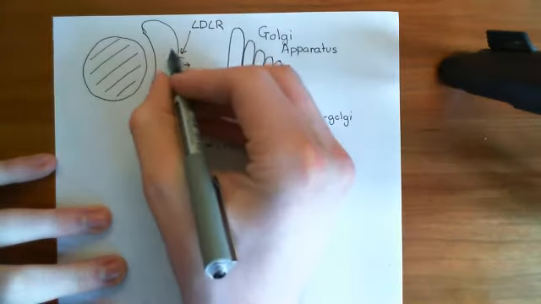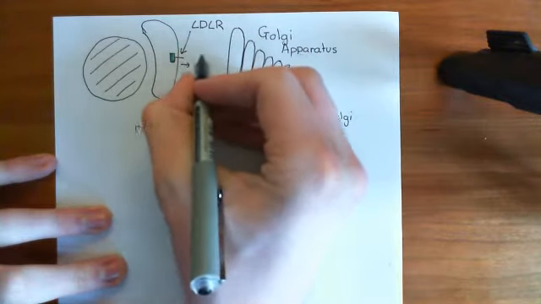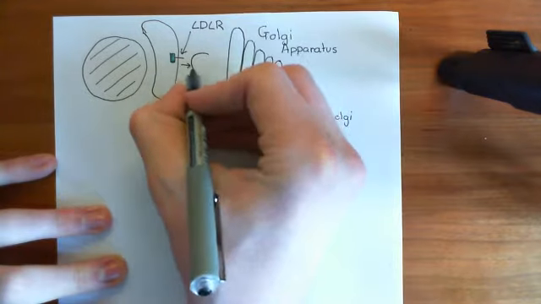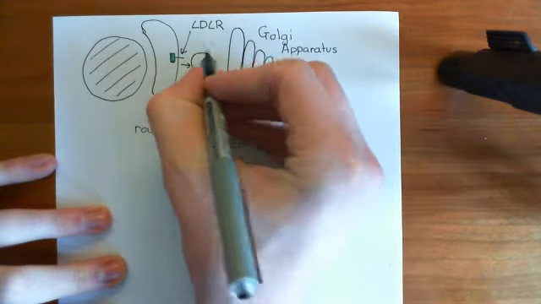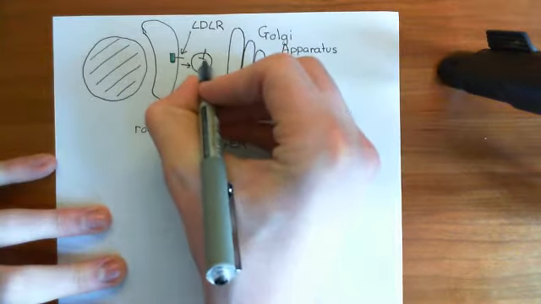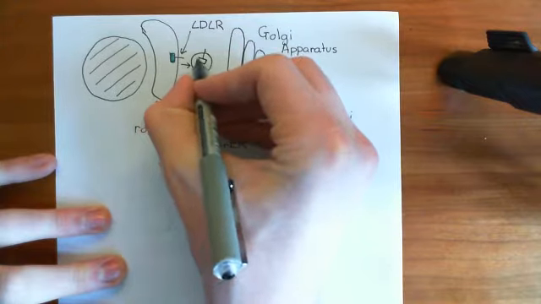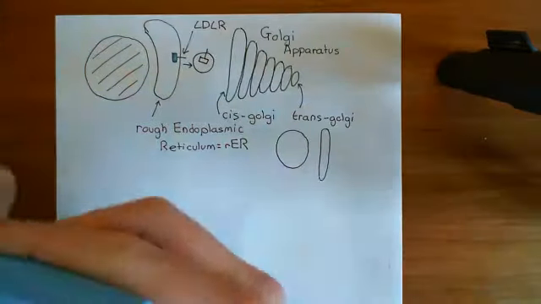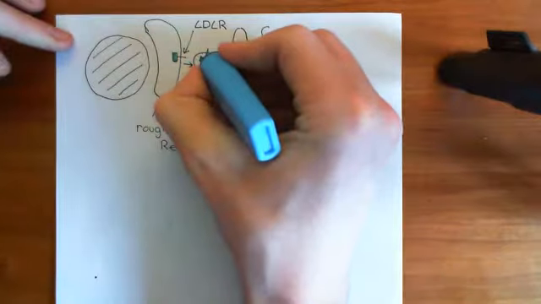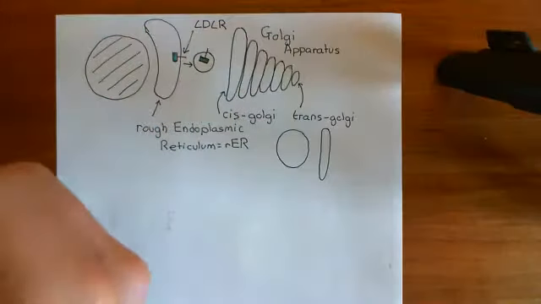So what's going to happen is that little vesicles are going to bud off the rough endoplasmic reticulum like so. Here we have a little vesicle, and these vesicles will contain the LDL receptor, here with its ligand binding domain in blue.